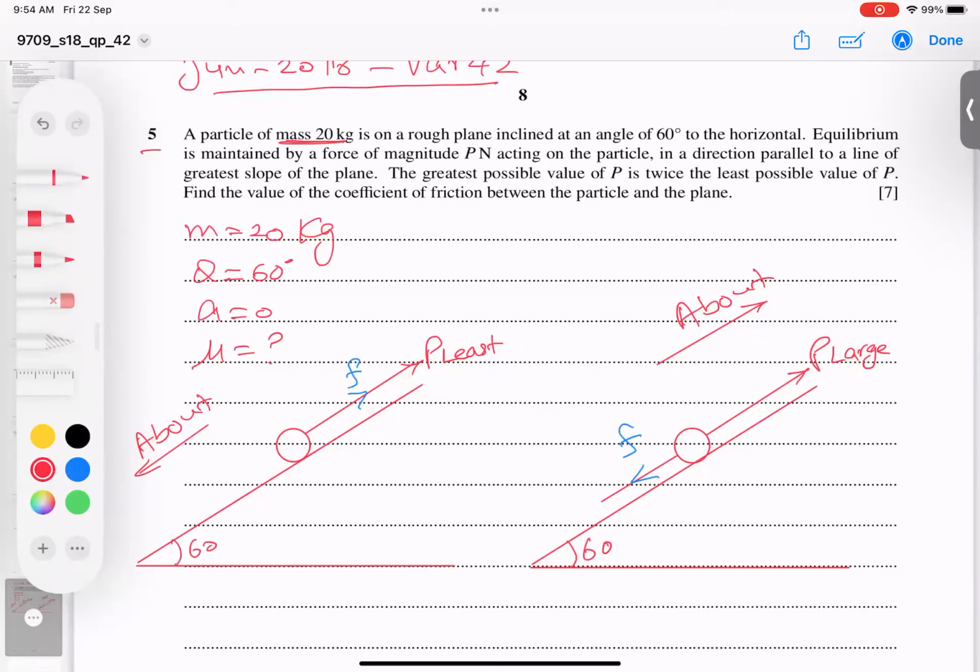Let's discuss the weight component. Mass is 20 kilograms, so weight is naturally 20 into 10, 200 newtons, acting downwards.